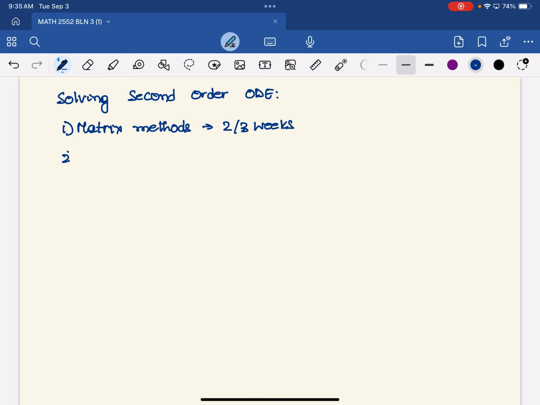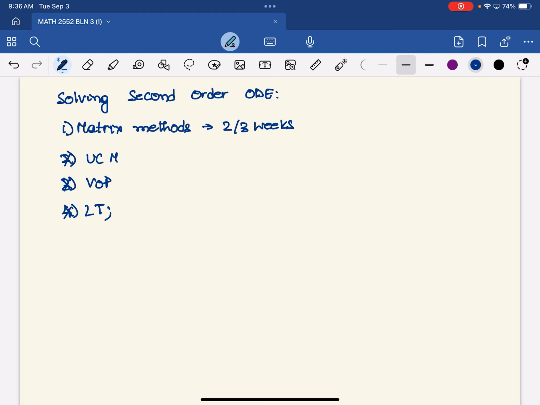The next ones are the undetermined coefficients method and the variation of parameters method. There is something called the Laplace transforms method, and so on. We're going to study these later, but the next 2 to 3 weeks is solving second order differential equations using matrix methods.